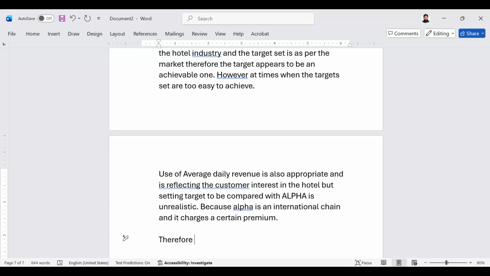Therefore, the target may be adjusted a bit to reflect that. Soul Seat cannot charge the same as Alpha does.